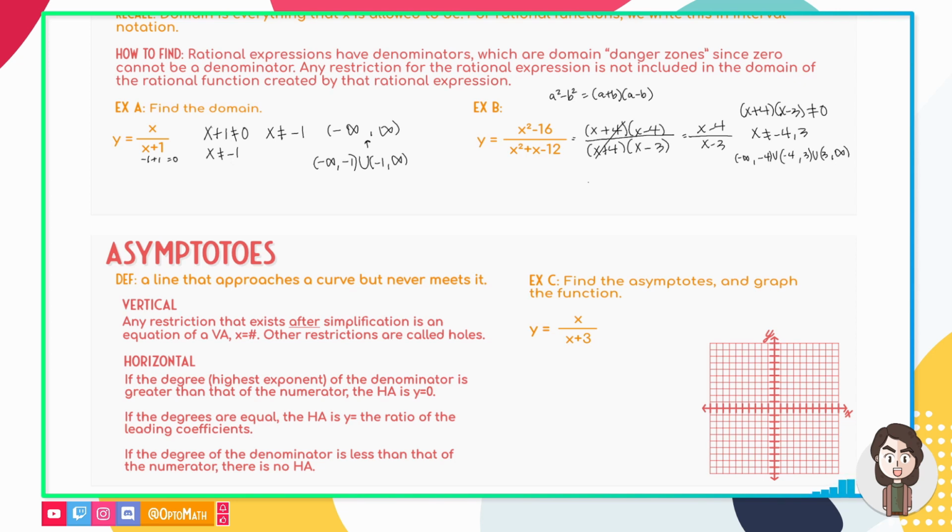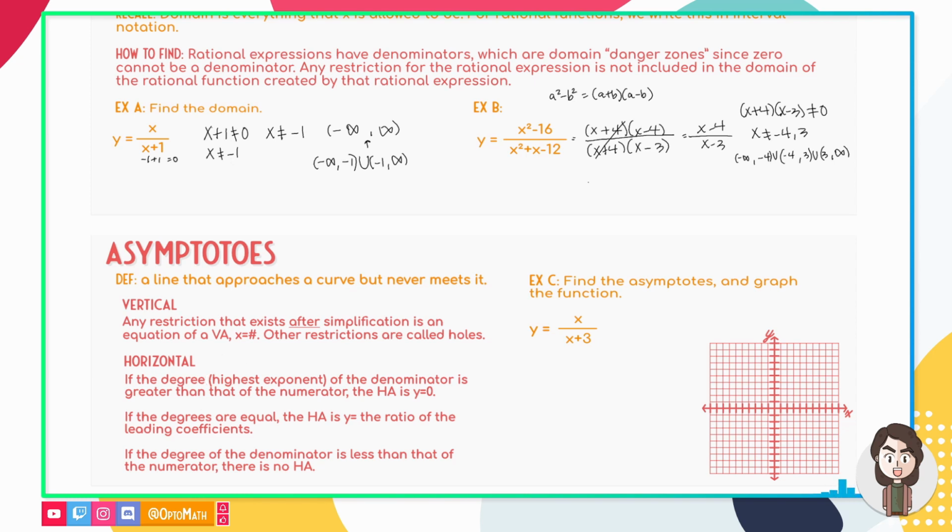Remember just a moment ago when we said we're going up to our -1, which is our restriction, but we can't ever reach it, showing that with our parentheses instead of a bracket. That is going to be directly related to our asymptotes here. So we've got two different kinds. We've got a vertical asymptote and a horizontal asymptote. So you could have more than one of these.